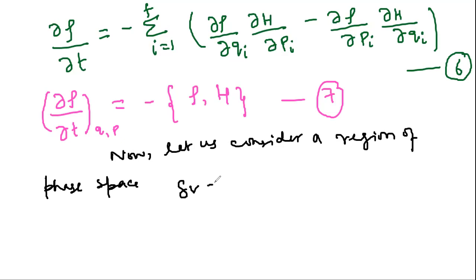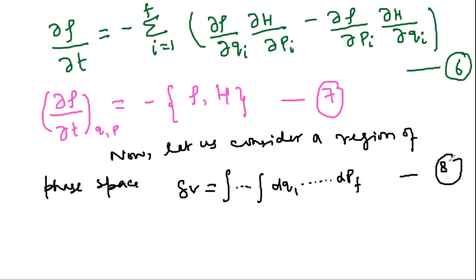which I write as a multiple integral of dq1 up to dpf. This is my equation 8. What is delta V? Delta V is some region in phase space.